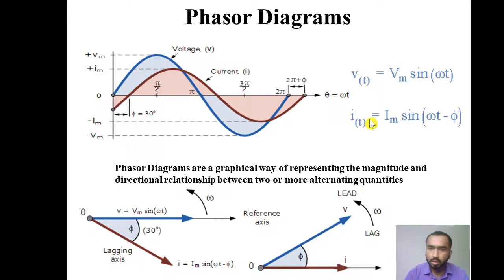Okay, now we will see how to draw a phasor diagram for signals. This is the definition of a phasor diagram. Phasor diagrams are a graphical way of representing the magnitude and directional relationship between two or more alternating quantities. It means if we want to draw a phasor diagram, you require a minimum of two signals, two or more alternating quantities.